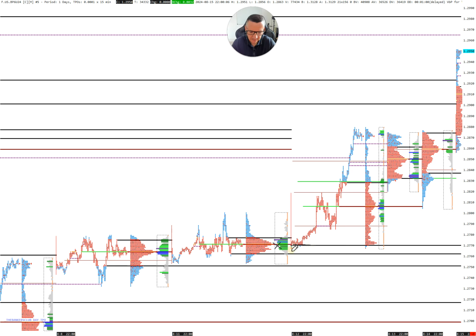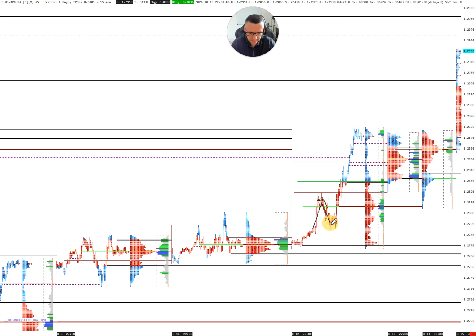And then it traded back to, you can't make this up, look, zipped right up, came back down. Look what it's come back down to, a single print, which was created on the push up area here.